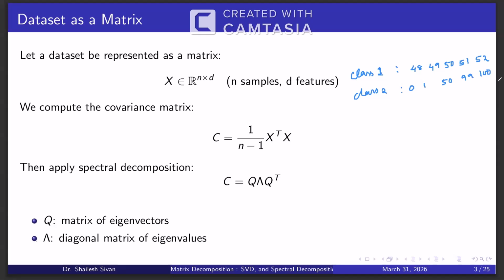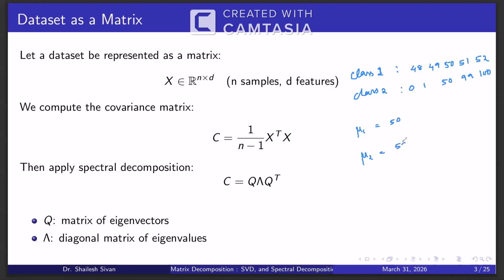Yes, sir. Now, if you find the mean of class 1 and the mean of class 2, what will happen? Both will be nearly 50. Yeah, 50. For class 1, it's 50.